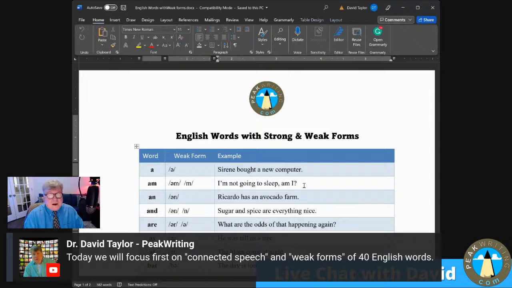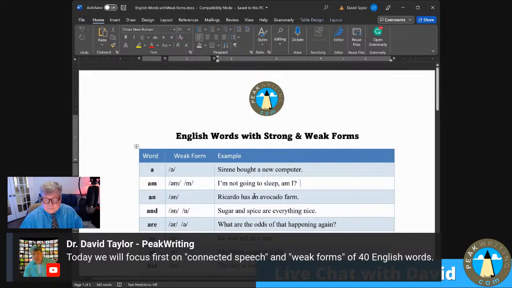But that first I'm would be the most intelligible weak form, and it is often reduced to "I'm not going to sleep." Certainly not "I am." It's either "I am going to sleep" or "I'm," with no vowel at all. It's been completely reduced to a bilabial consonant.